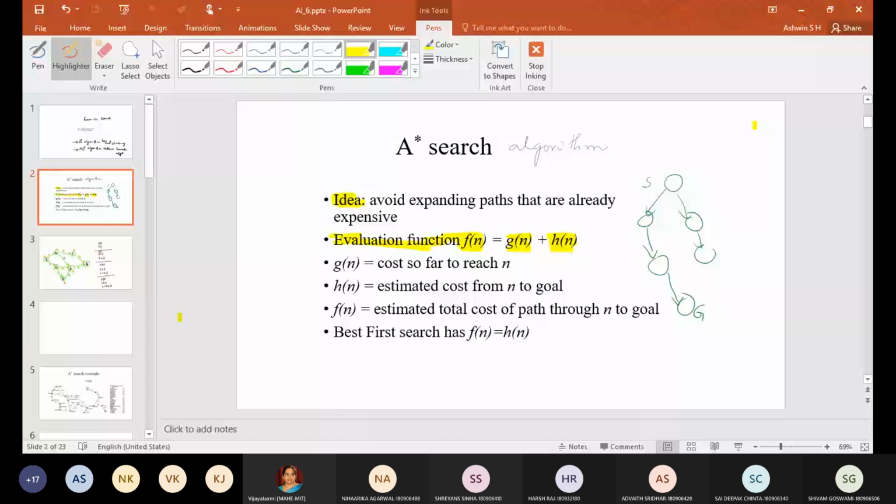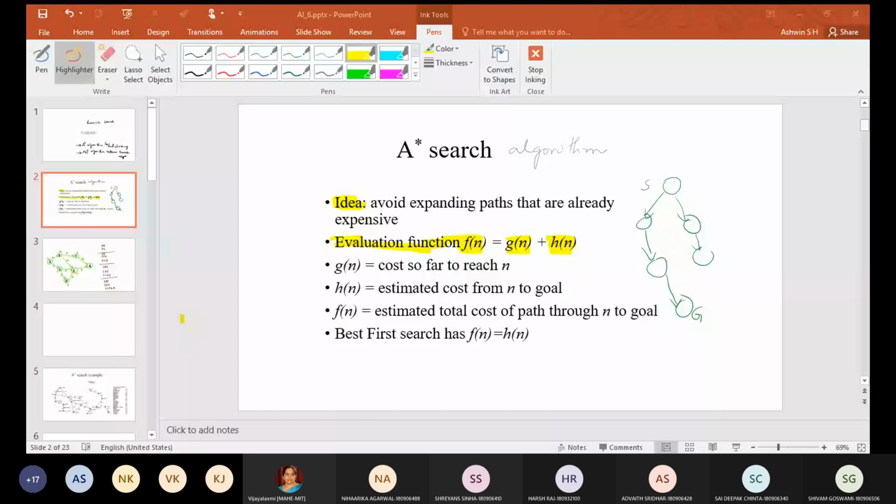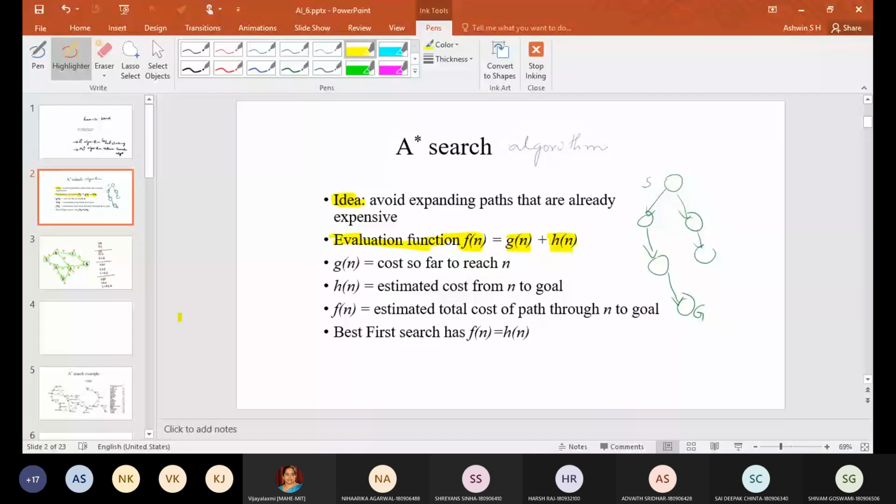Expensive paths should not be expanded, in the sense that when you move from source to goal, if you come to know that by selecting this path the total cost will increase, then you are not supposed to expand it.